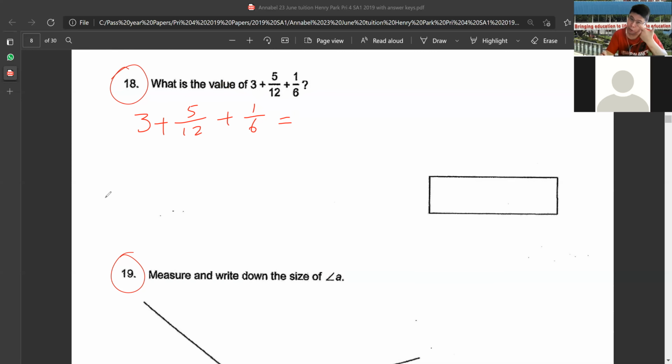Value means what's the quantity. What is the quantity when you add these 3 terms together? Okay. So how to add? You know how to add? Yes. Okay, what must I do with the 3?